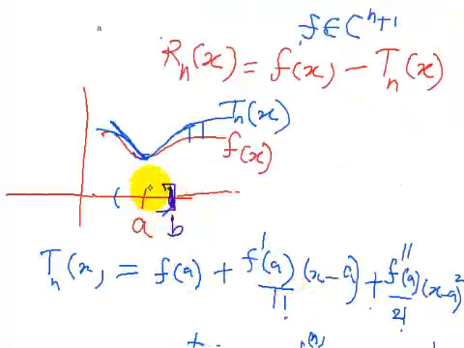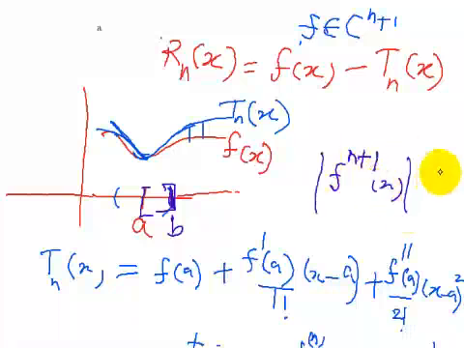So you can find a maximum, a bound, for the n plus 1 derivative of f. So suppose this one is bounded over this interval here, right? Then what do you have?